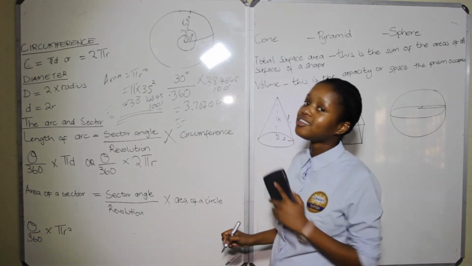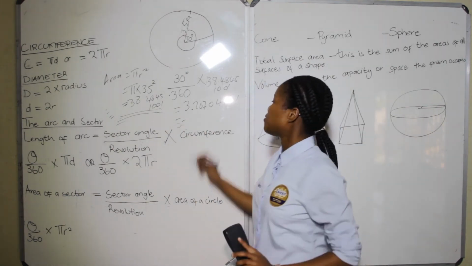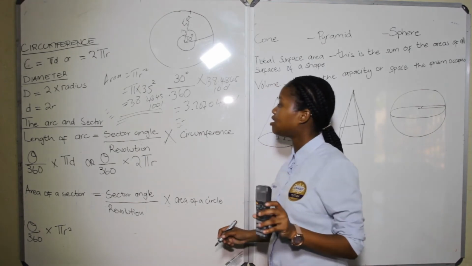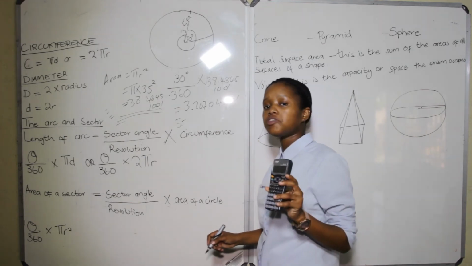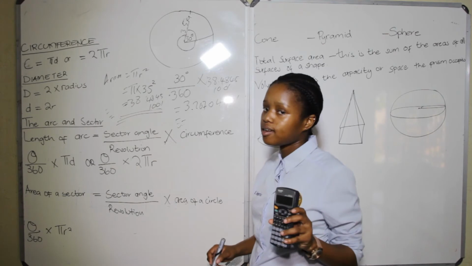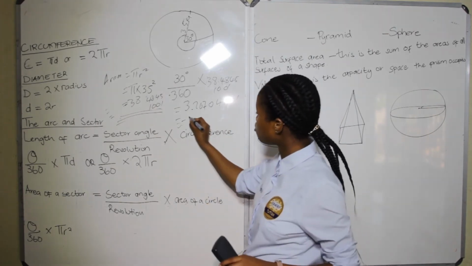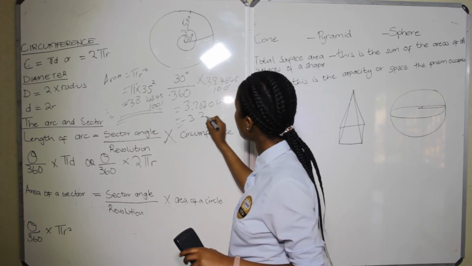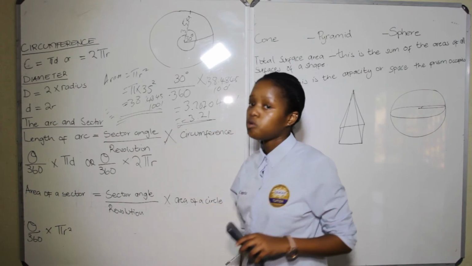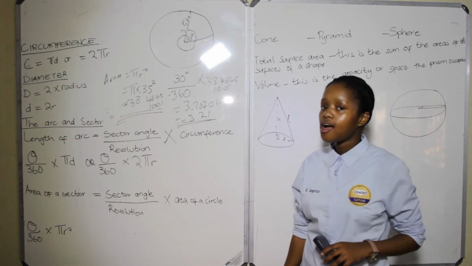So I hope you are finding the values I'm finding here, because I hope we're using the same calculator. Some of you maybe might be using a Casio calculator, which is still fine. So we're going to change this into 3 significant figures, which is going to give us 3.21, which is going to be your final answer.